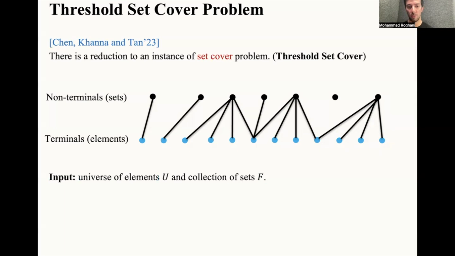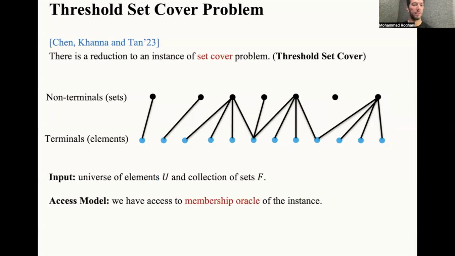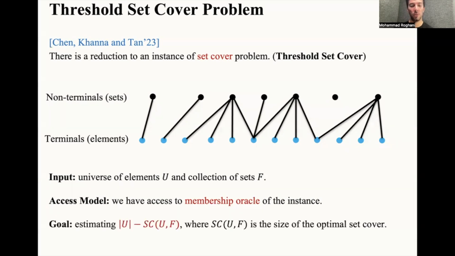So we are given a universe of elements U and a collection of sets F. We have access to a membership oracle of our instance, so we can query if one element is inside one set. The goal is to estimate the size of the universe minus the set cover solution of the instance.